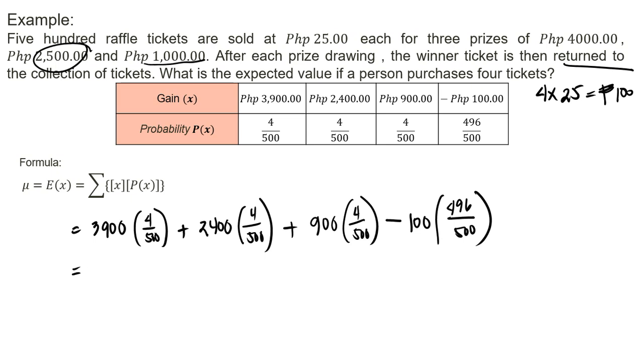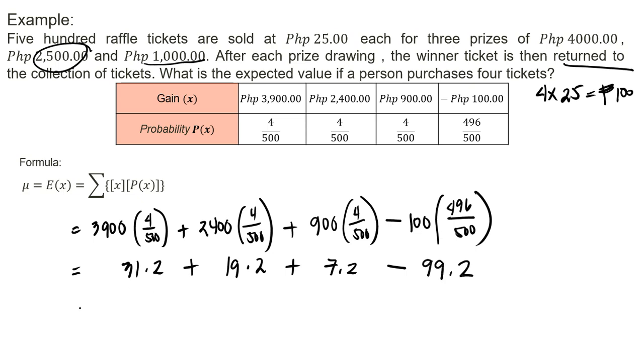And then, solve po natin ito isa-isa. 3,900 times 4 divided by 500, that is 31.2. Next, 2,400 times 4 divided by 500, that is 19.2. 900 times 4 divided by 500, that is 7.2. Minus 100 times 496 divided by 500, which is 99.2.